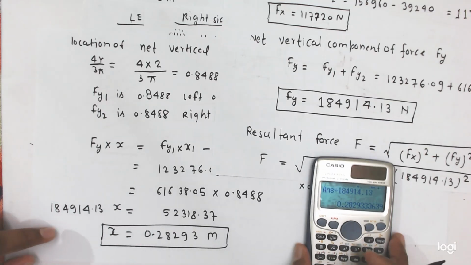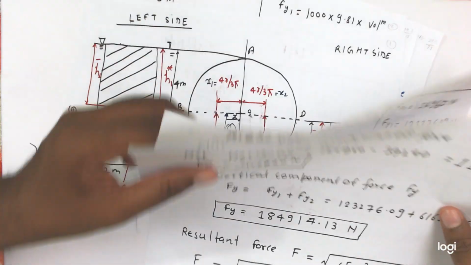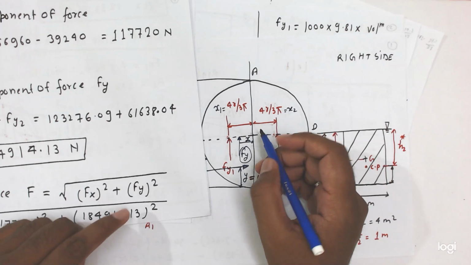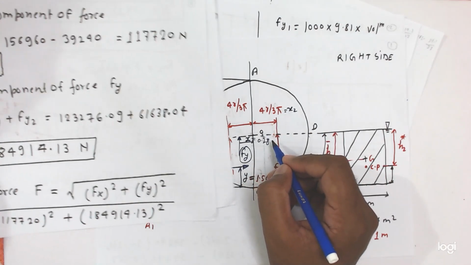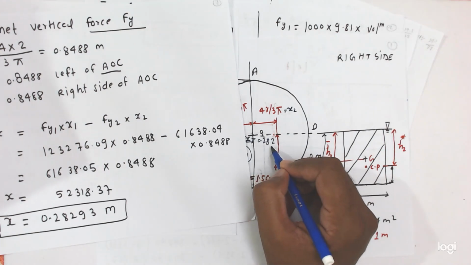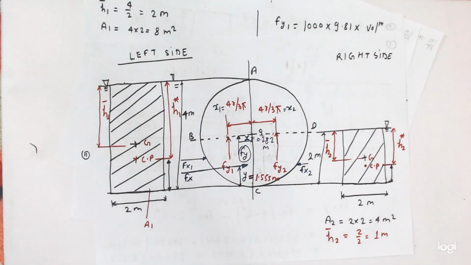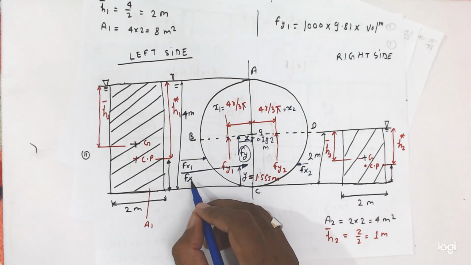Since it is positive, it will come here. So this x value is 0.282 meter. So this is the location of the net vertical component of force.